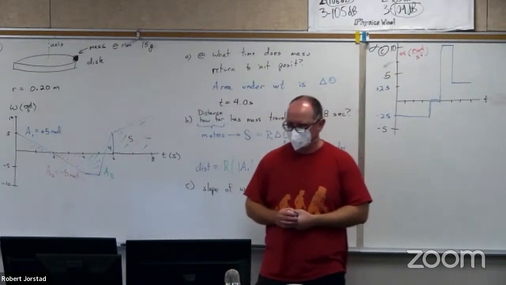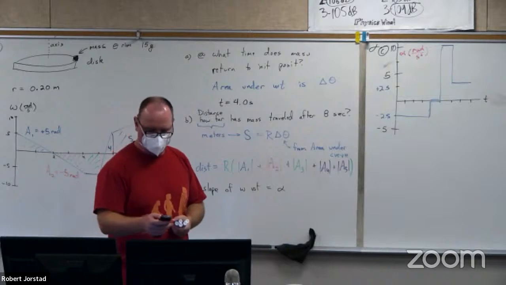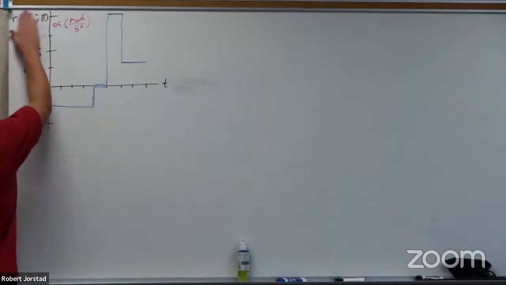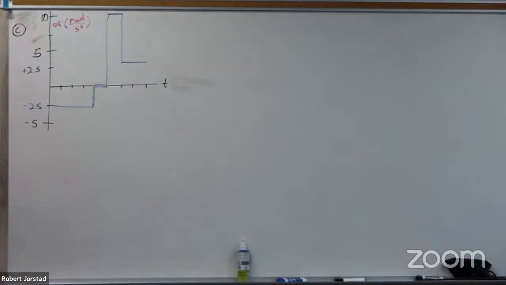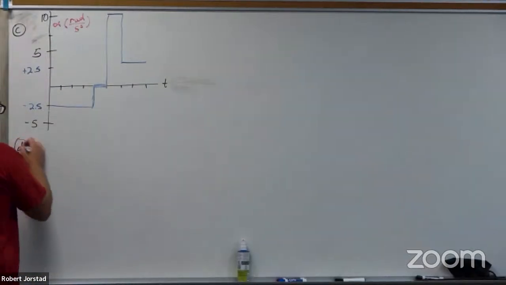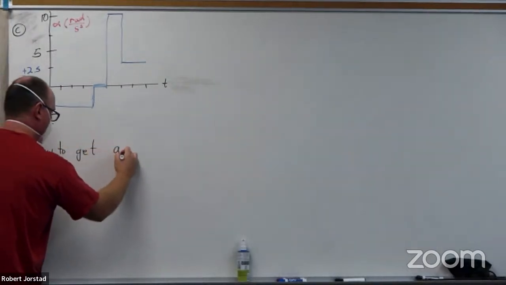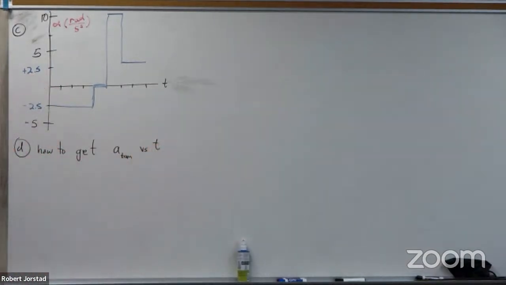Okay. Sorry, that's so sloppy. Let me just reorganize this so it looks a little bit better. This was part C. Okay. And part D. How do you get A tan versus t?